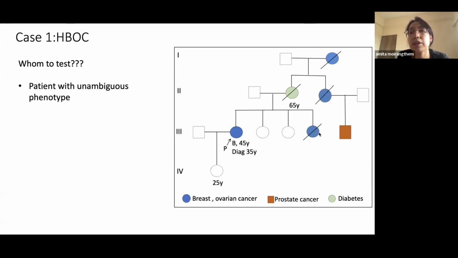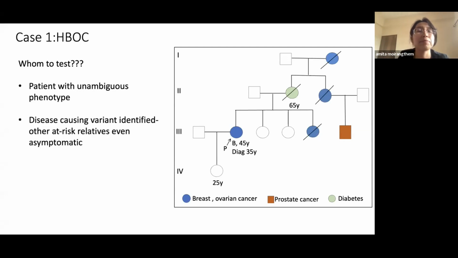For example, if we are targeting hereditary breast ovarian cancer in this family, we would not like to go for this particular individual with prostate cancer, because this prostate cancer may be caused by a breast ovarian cancer gene, or it might be a sporadic occurrence due to some other genes. So we would like to target one of these individuals with proven breast cancer. That is the first dictum here.